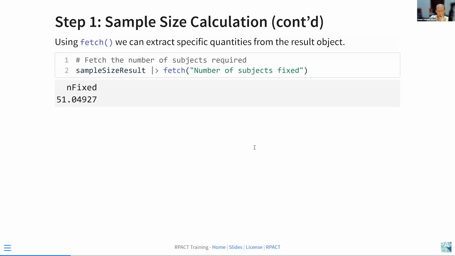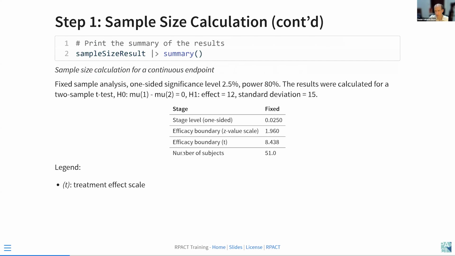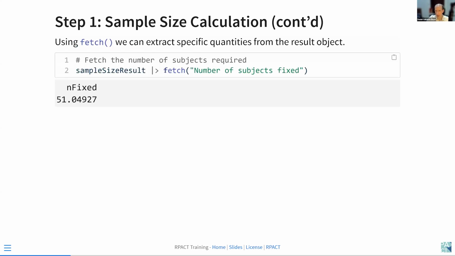And now if I want to, for example, program further with this, the nice thing is that with this fetch function, I can fetch corresponding details out of the sample size result object. So I want to know about the number of subjects, and I fetch the number of subjects fixed, and I get the number here.